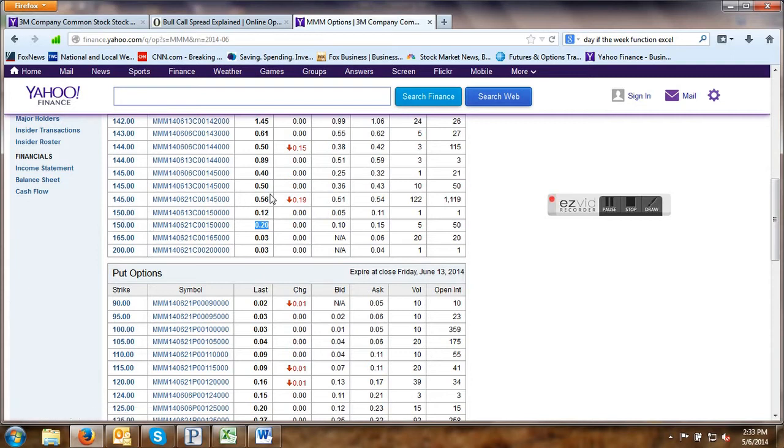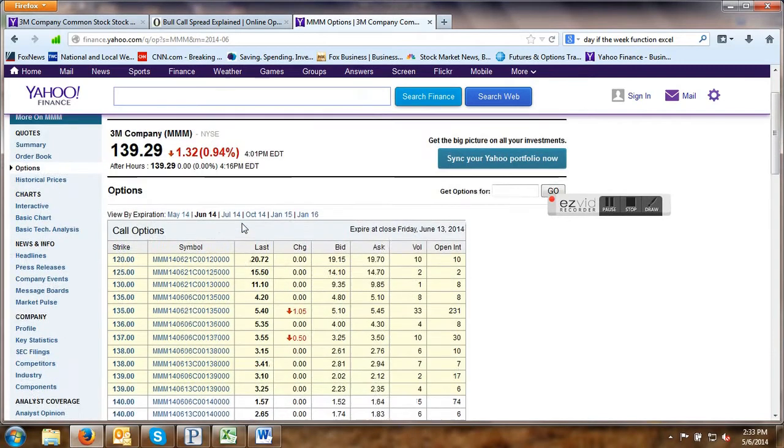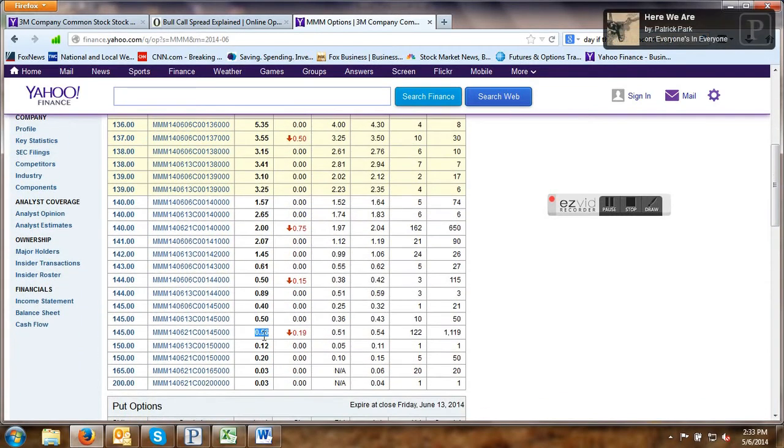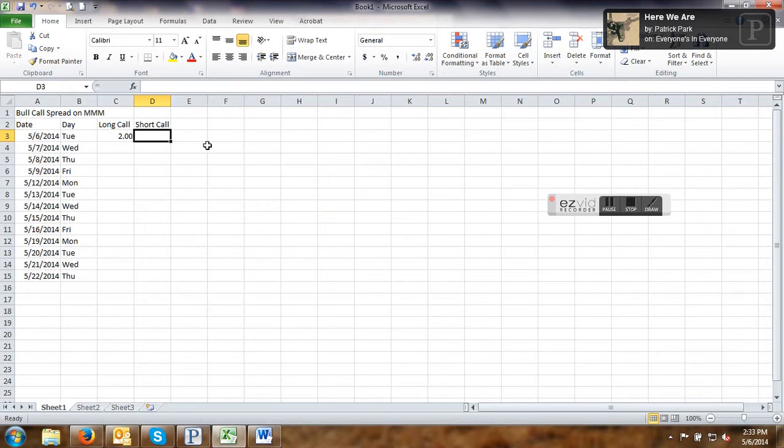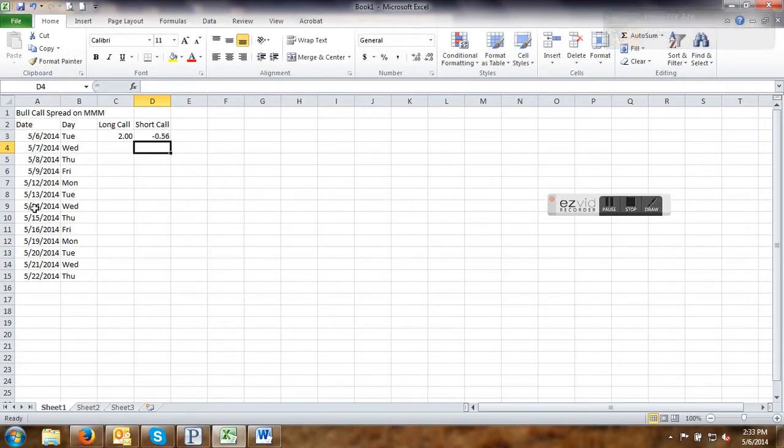It'd be nice if there was something a little more in the middle, like a 147.50, which may actually be out there. But I'm just going to make the decisions here. So I'm going to go with this 145 with a price of 56 cents.